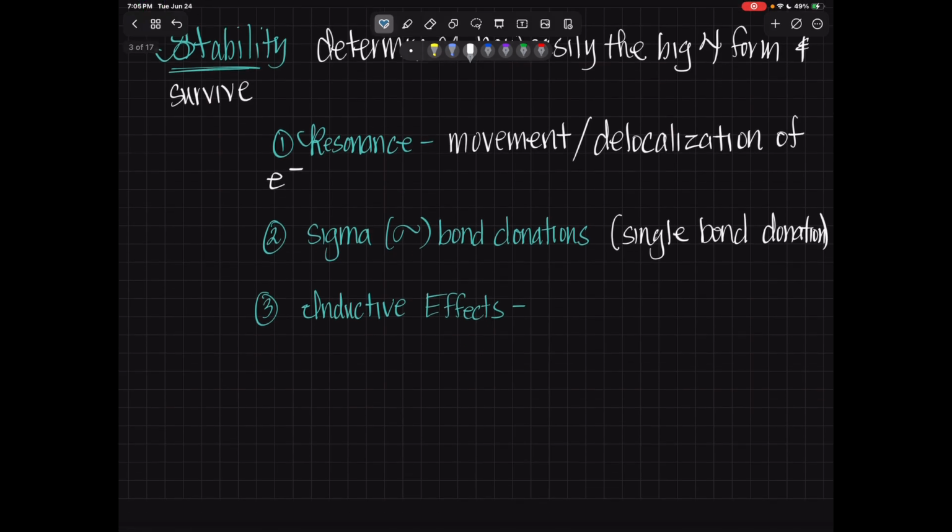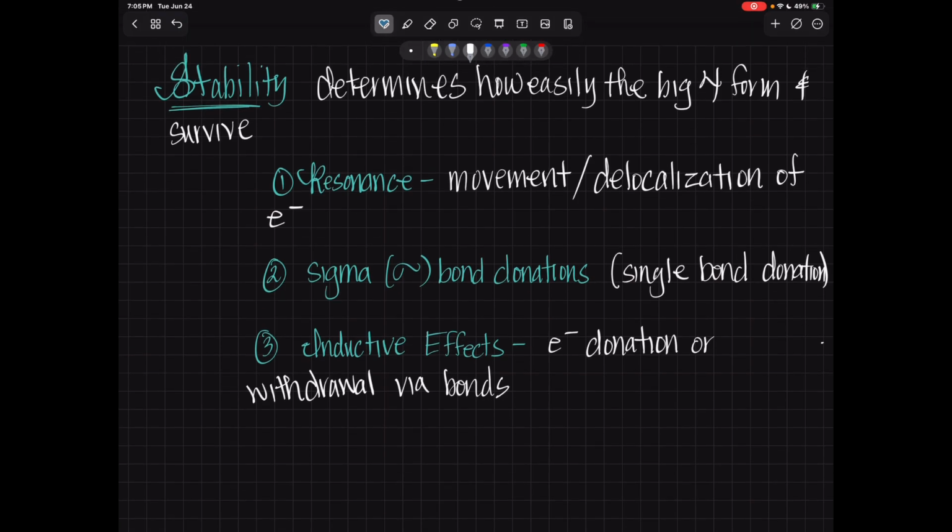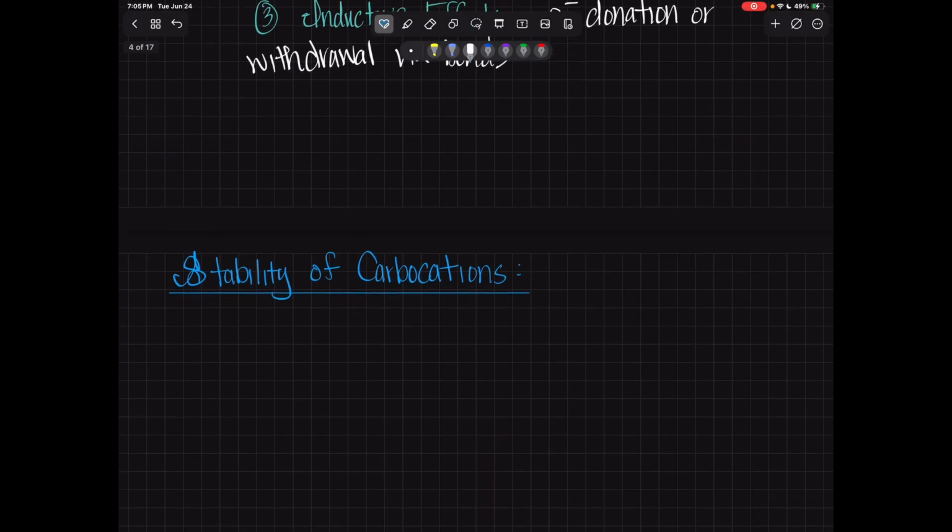Three, inductive effects, which is electron donation or withdrawal via bonds. So this is what determines our stability. And you're going to evaluate which characteristics are in each molecule, and from that go down stability. So let's jump into our next topic, which is stability of carbocations.